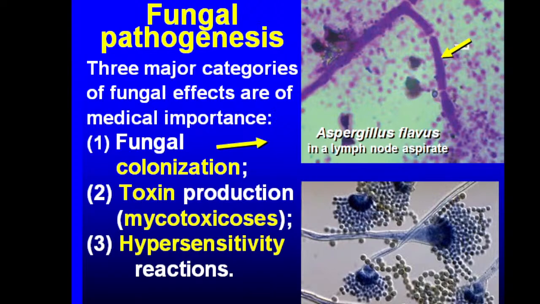In the first group, fungi may perform colonization of the human body, and those factors help in fungal colonization. That's how, for example, we can see fungi in aspirates from inflamed human lymph nodes as a result of fungal growth there, right?